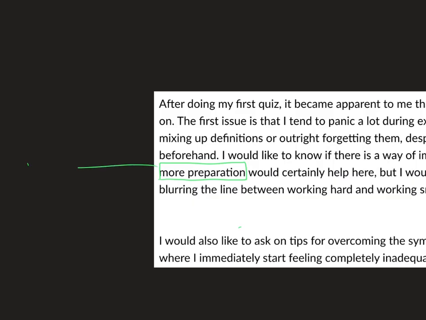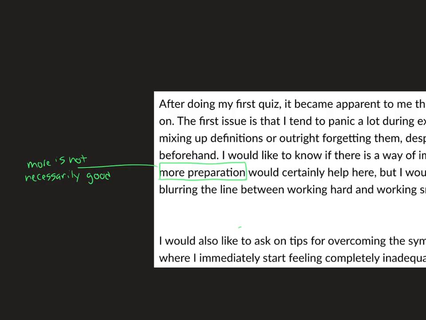More is not necessarily good, because if you're doing more of bad preparation, then no. For example, let's say you're training to do a marathon, and you're just doing 100-meter sprints for your training. You're just doing as many 100-meter sprints a day as you can. Well, that's not going to be very helpful.